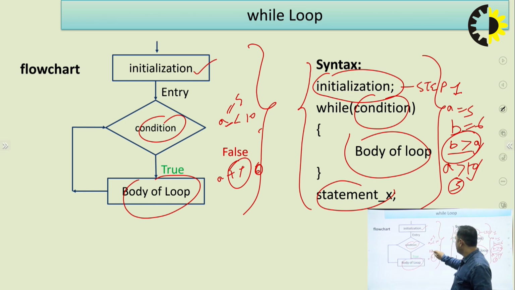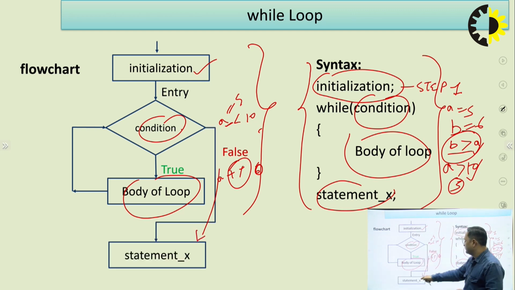The moment the condition is false, it exits from the loop and goes outside. Now the condition is false and the statements outside of this loop body start executing.